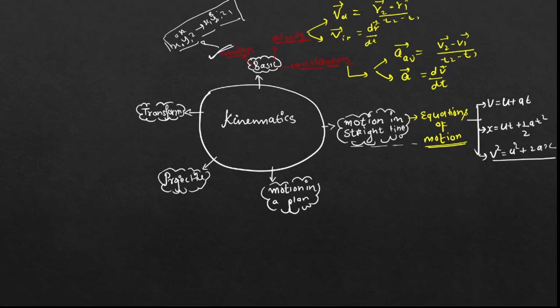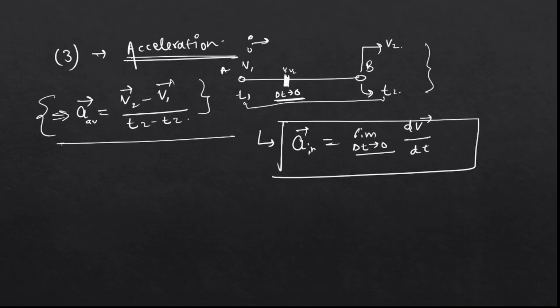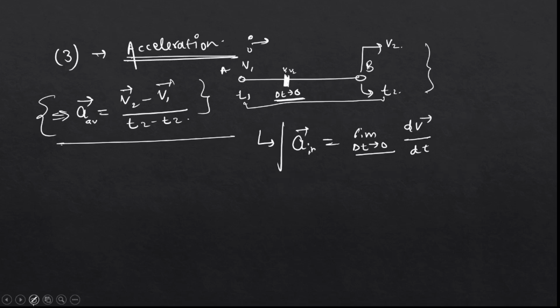Now we need to look into motion in the plane. What will happen when motion is happening in the plane? Firstly, we need to understand what the plane is. Earlier, motion was happening in a straight line only, so only one axis was undergoing a change.